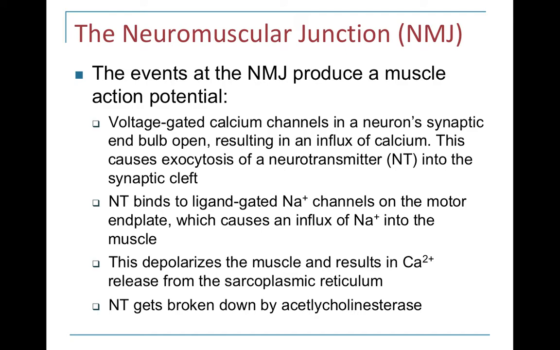With our muscle action potential, we release calcium ions from the sarcoplasmic reticulum that combine with troponin, causing it to pull on tropomyosin and change its orientation, thus exposing the myosin binding sites on actin and allowing actin and myosin to bind together.